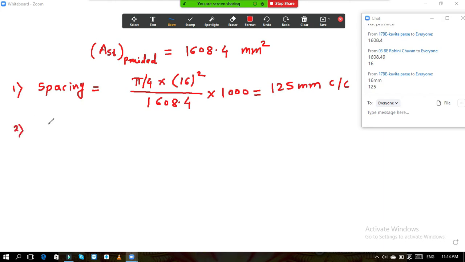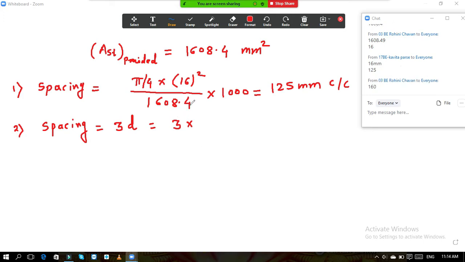Then second, how do we calculate the spacing? So spacing is equal to 3D, 3 into effective depth. What is the value of effective depth? 160. Okay. So it is multiplied by 160.